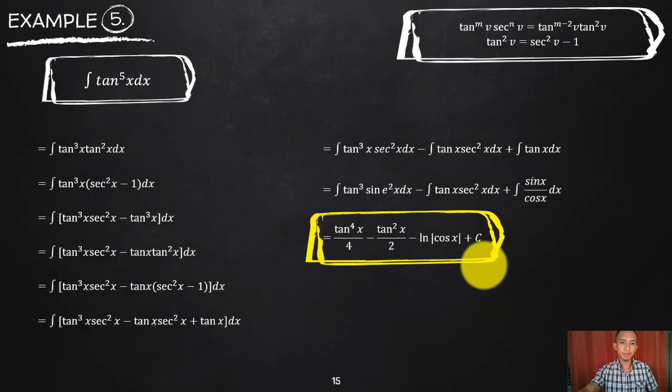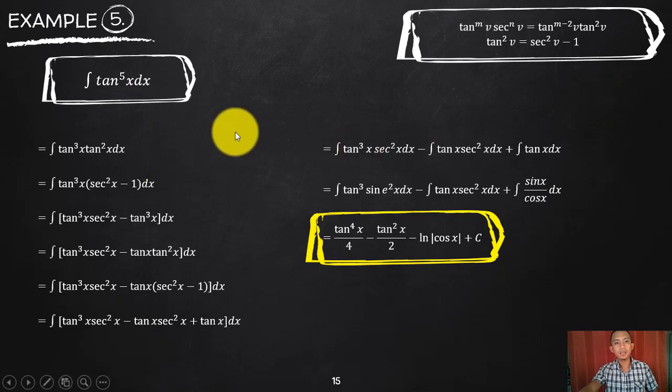So let's have this example: tangent raised to 5 of x dx. Again, as suggested, bring outside two of the tangent, so that will be tangent squared of x. Make use of our identity, that will become secant squared minus 1. If I distribute, that will be tan cubed of x times secant squared of x.